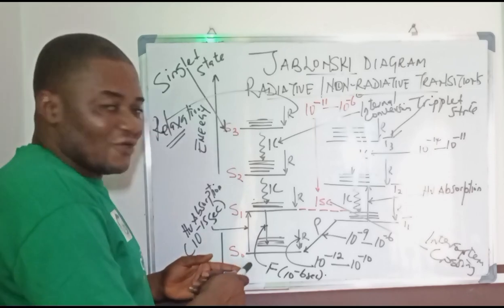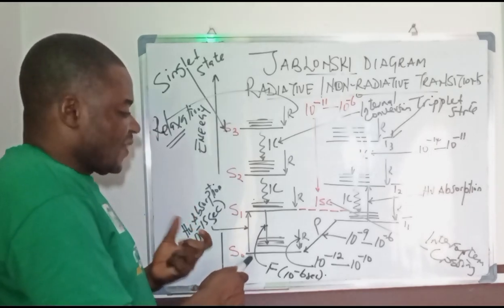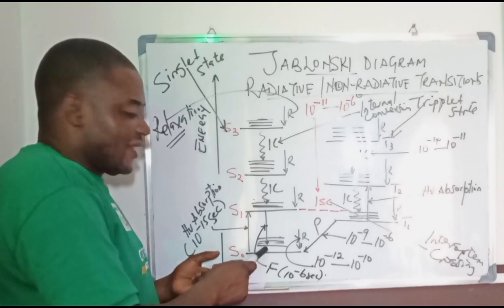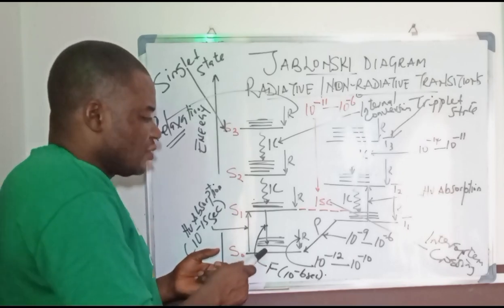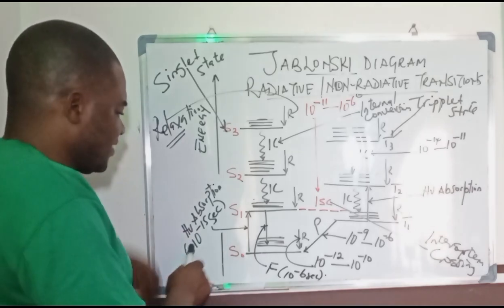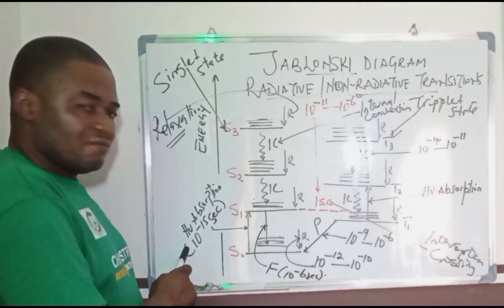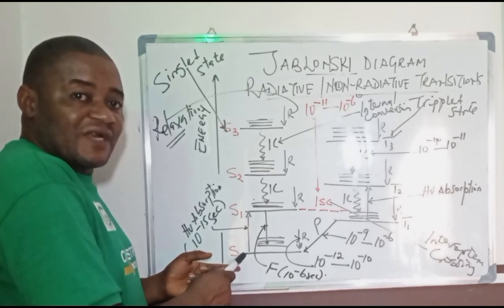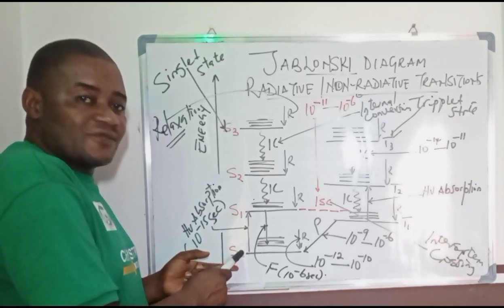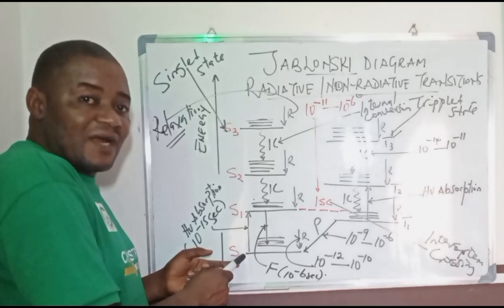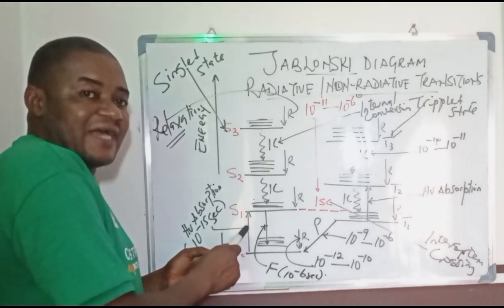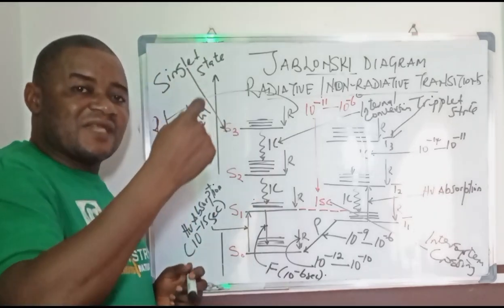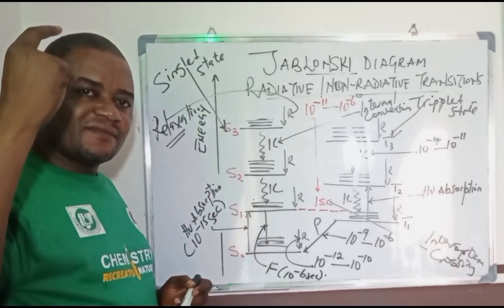If it acquires such a radiation, it is going to do what? It's going to activate that particular molecule at the ground energy level to move. And that's why you see we have hν absorption. And usually this UV radiation that will allow the molecule at the ground state energy level to be excited will take just about 10 raised to power minus 15 seconds, and that molecule or photon will be excited.